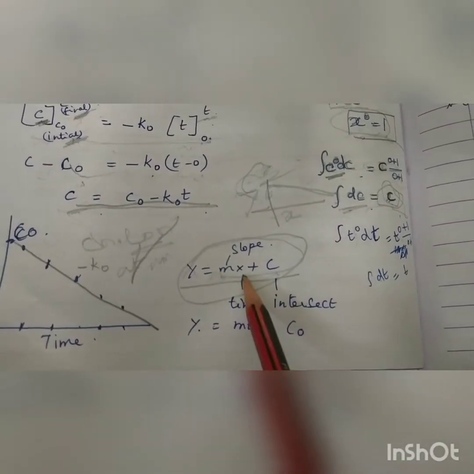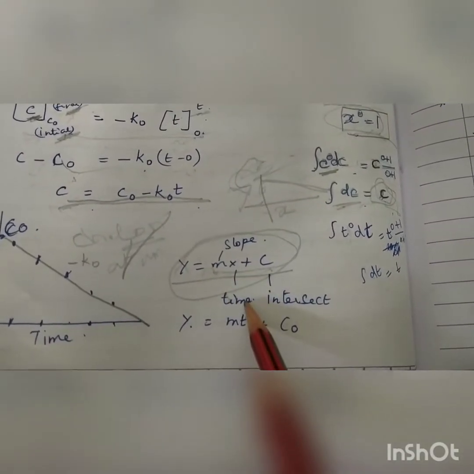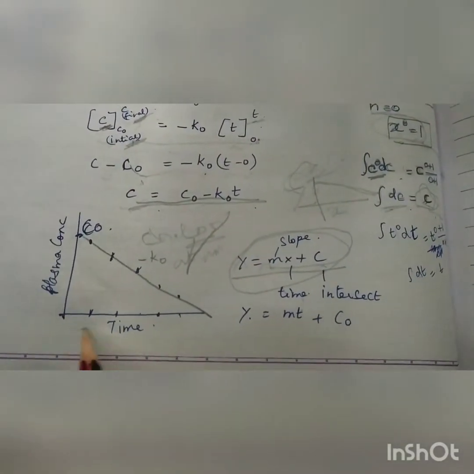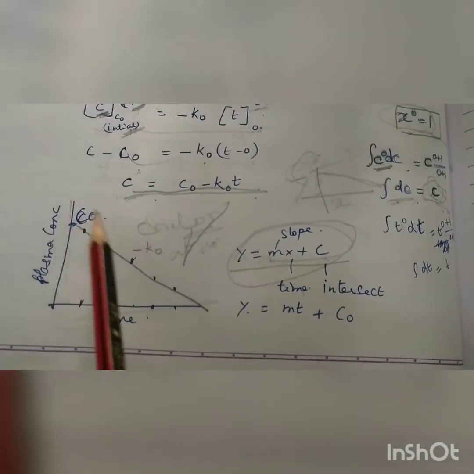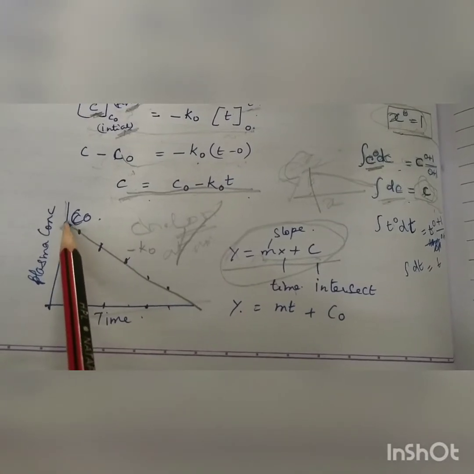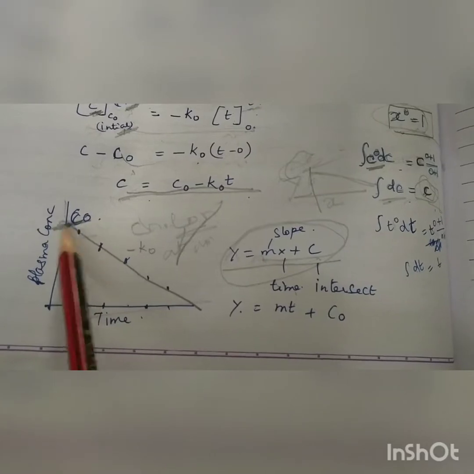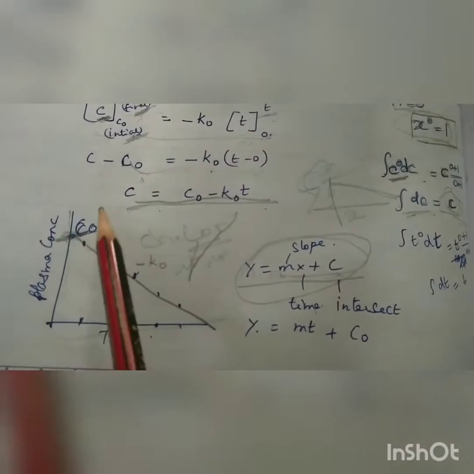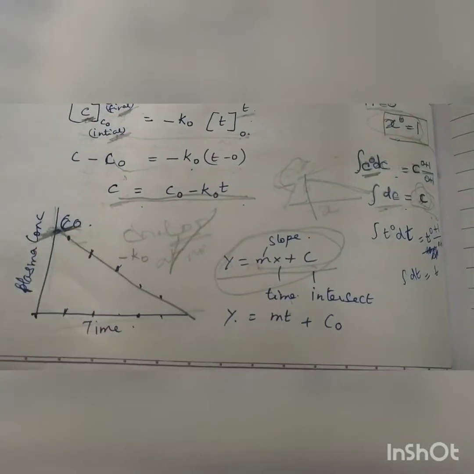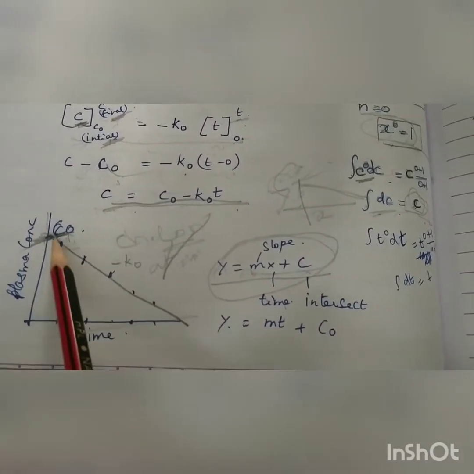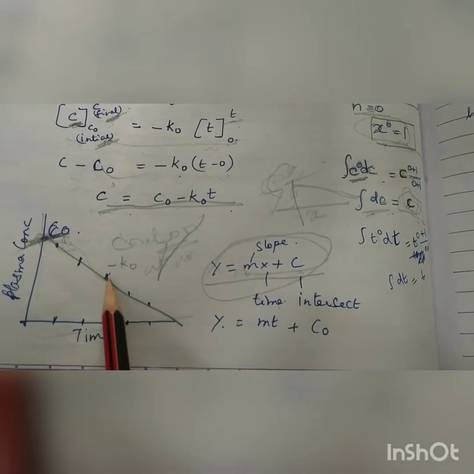And x is equal to time, and this is the intercept. If you look at this graph, on this side is time and this is plasma concentration. This is the first value we are taking. This is the intercept, the point at which it joins the y-axis, C naught, the initial concentration, which then starts to reduce.